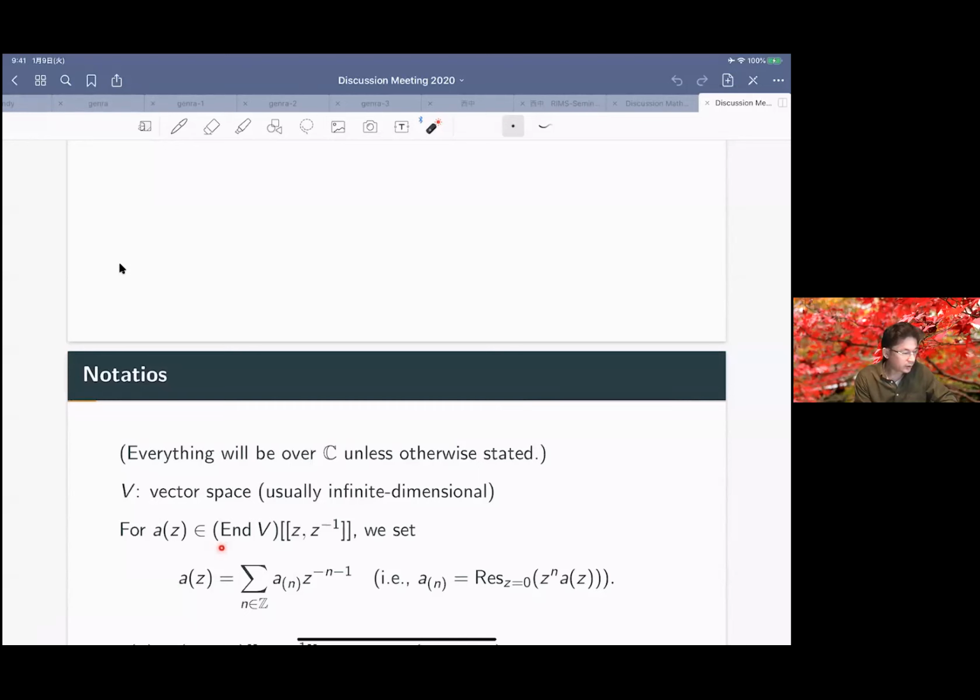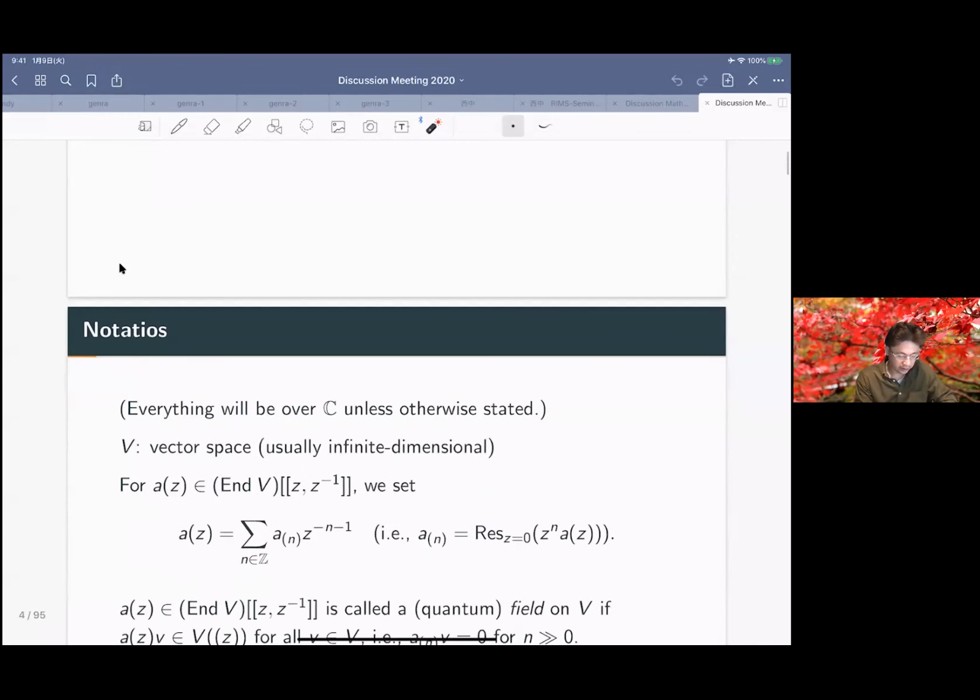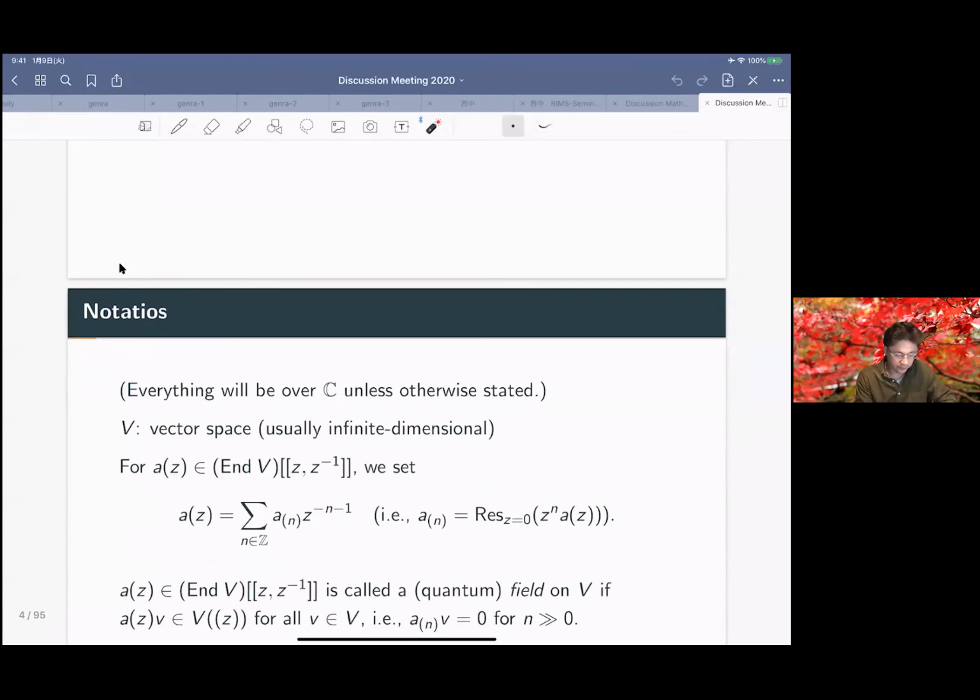I talk about formal series with values in operators, and I always expand this formal series in this way: A_n is the coefficient of z^(-n-1). So this notation means the coefficient of z in this.